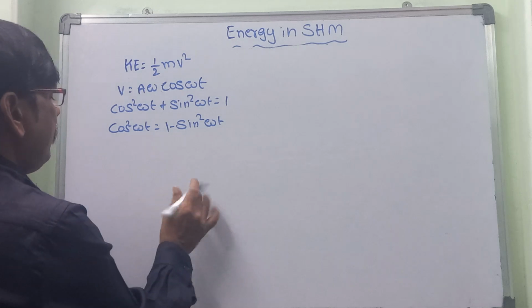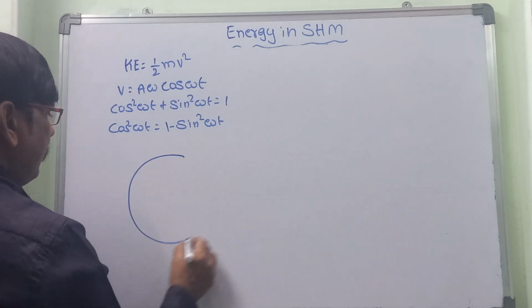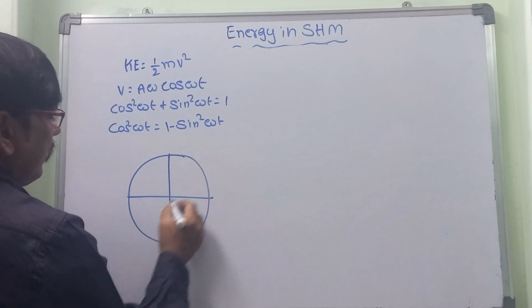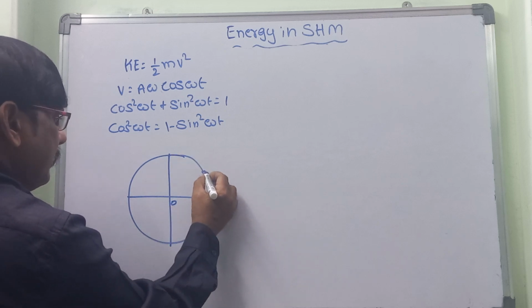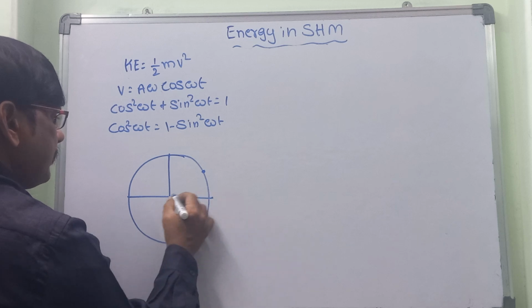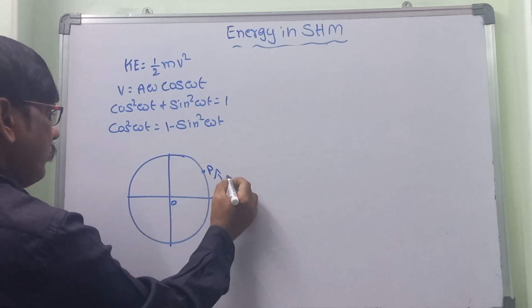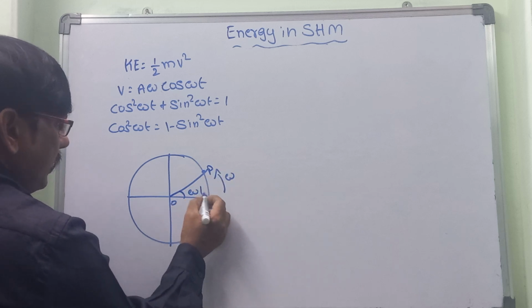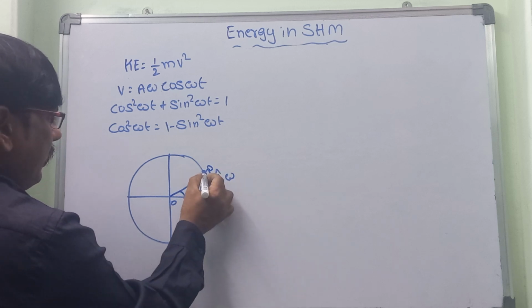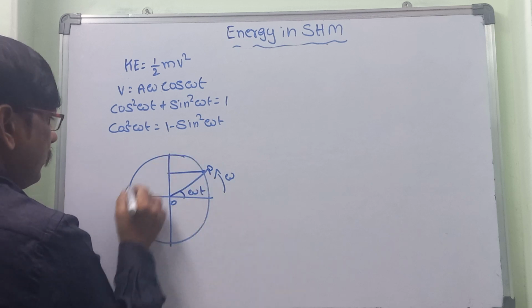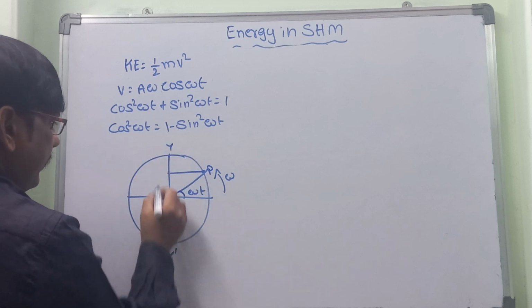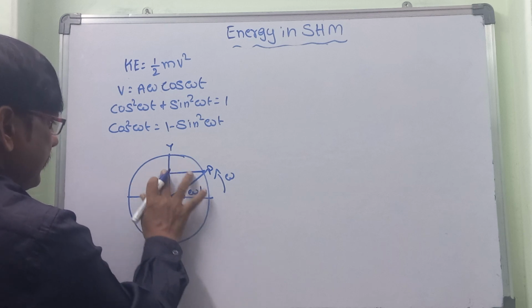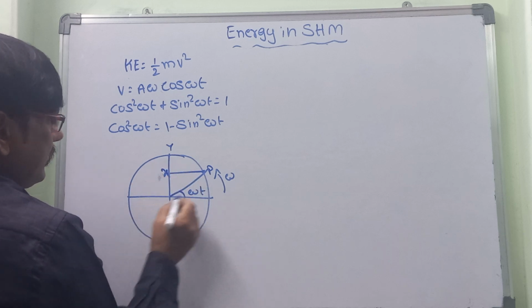Now let us take a reference circle. In this reference circle, suppose we take a particle P moving with angular velocity omega, so it makes an angle omega t. Now draw a perpendicular to this y dash, and consider a point x.